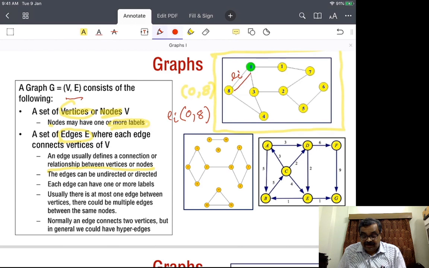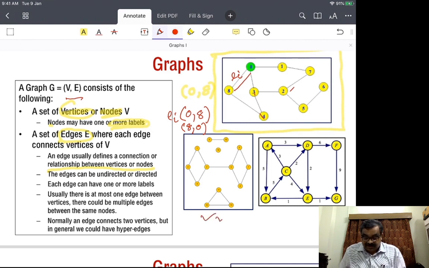Being an undirected graph, this edge can also be called 8, 0. So it is just a relationship between two vertices. This graph is an undirected graph and contains 9 nodes, and how many edges? Counting them, I'm sorry, there are 9 edges and 9 nodes in this graph.